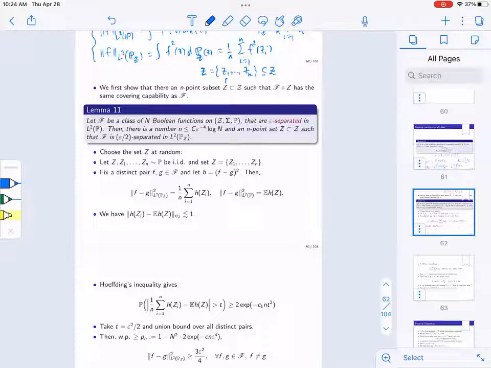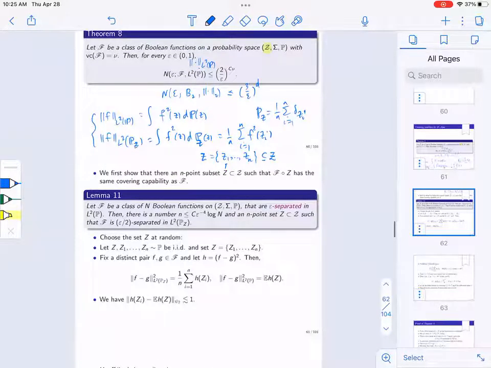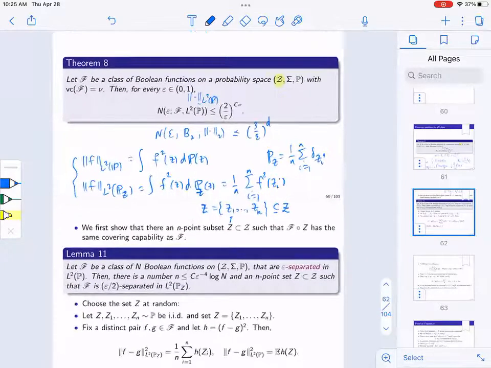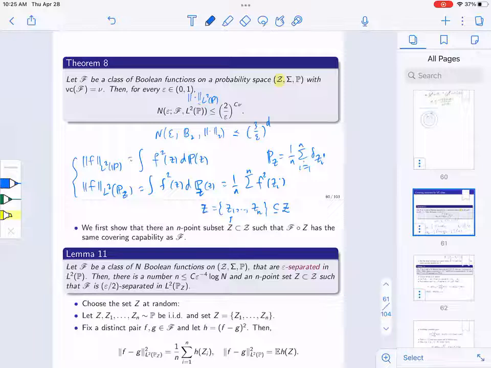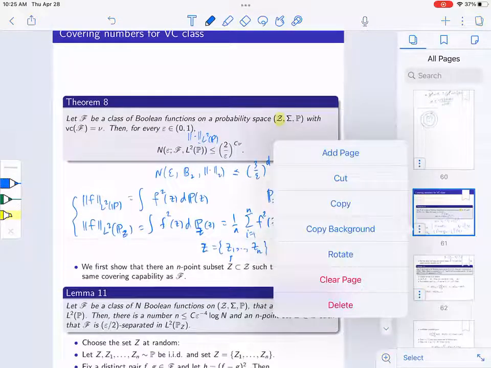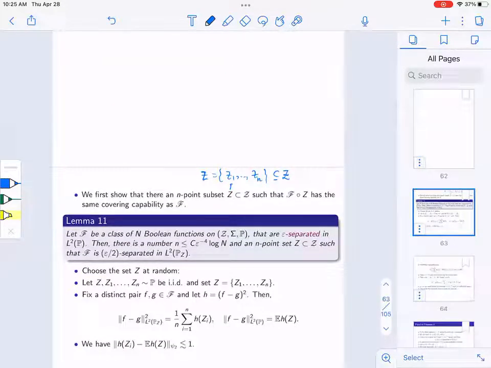So what this is saying is that epsilon separated means that the L2(P) norm of f minus g is bigger than epsilon, if f and g are in F and f is not equal to g.